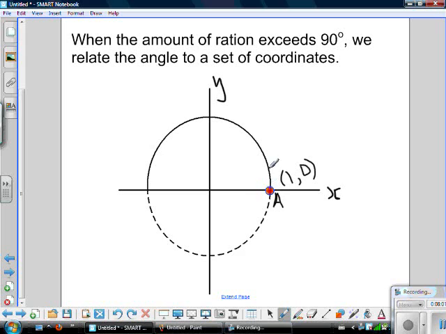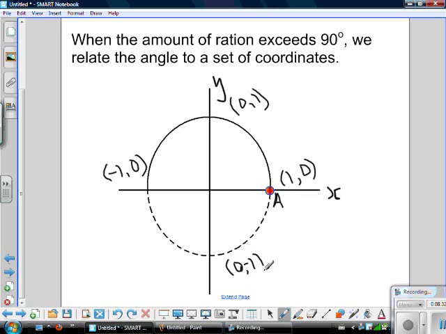And again, because it's a unit circle, at the top here I know that that point at the top is going to be (0, 1). And if I keep on going around, this one over here is going to be (-1, 0). And finally, at the bottom, I note that this point would be (0, -1).